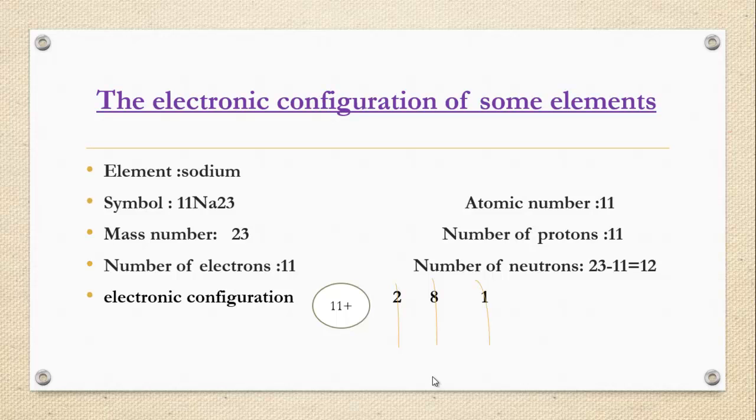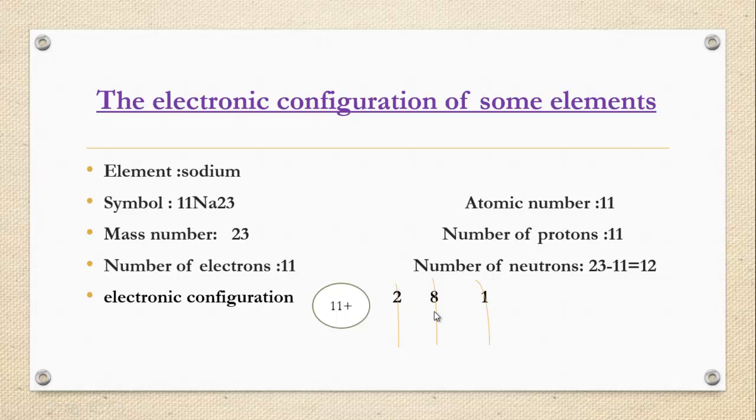Again, we have 11 electrons. How to configure it? You can't put 11 electrons in the K level. Why? Because the K level is saturated with 2 electrons only, but we have 11 electrons. So 11 minus 2 equals 9.